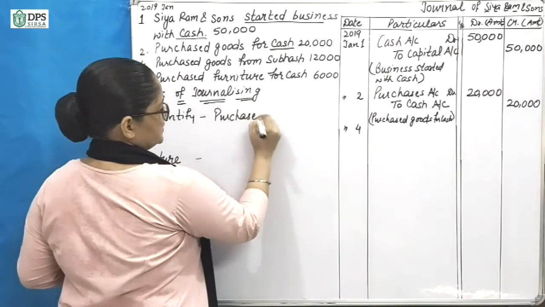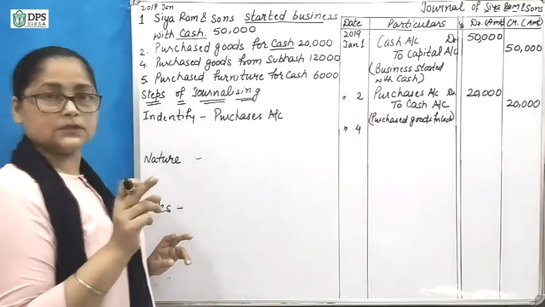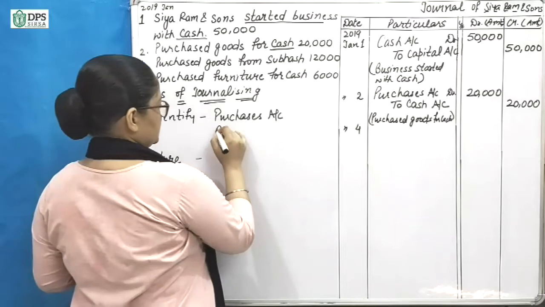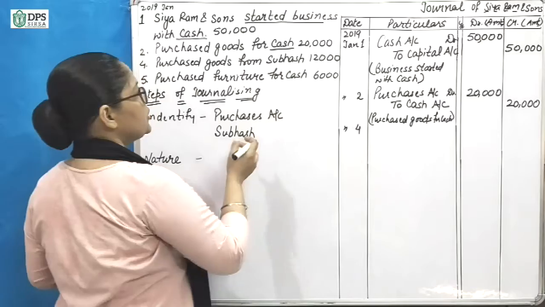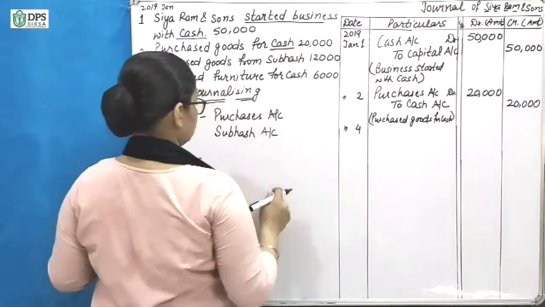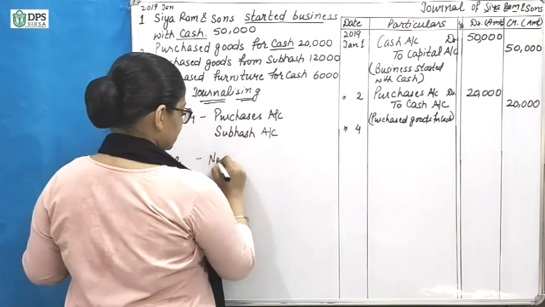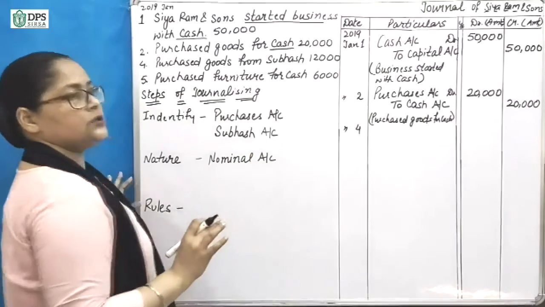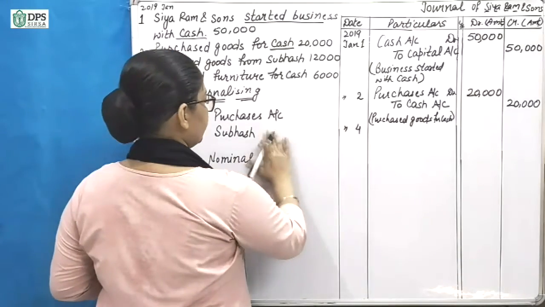So the first account is purchases account, and then the account that is being affected is Subhash, because we are purchasing goods from Subhash. तो मैंने आपको लास्ट वीडियो में बताया था कि अगर यहाँ पे सिर्फ नेम ही मेंशन है तो हम इसे क्रेडिट परचेजेस मानते हैं, सुभाष अकाउंट। तो फिर इसके बाद हम नेचर डिसाइड करेंगे। परचेजेस हमें पता है, हमने लास्ट ट्रांजैक्शन में भी किया कि नॉमिनल अकाउंट है। एंड देन सुभाष, सुभाष इज पर्सन, सो इट्स पर्सनल अकाउंट। We will not write.